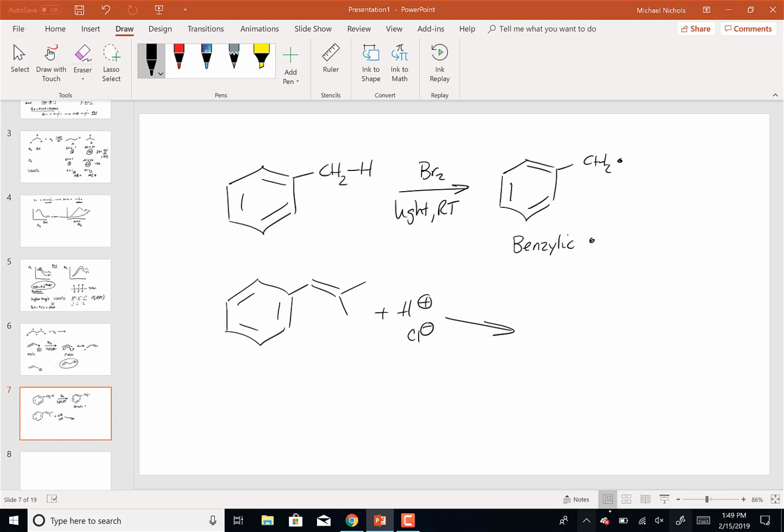But our problem here is that the reasoning that I just talked about, the question here is if I add the H+, which of these two carbocations is the most stable? The benzylic carbocation or the tertiary carbocation? And so we've been having difficulties with this because when we add HCl to this, the H goes here and the Cl goes there, 100%.